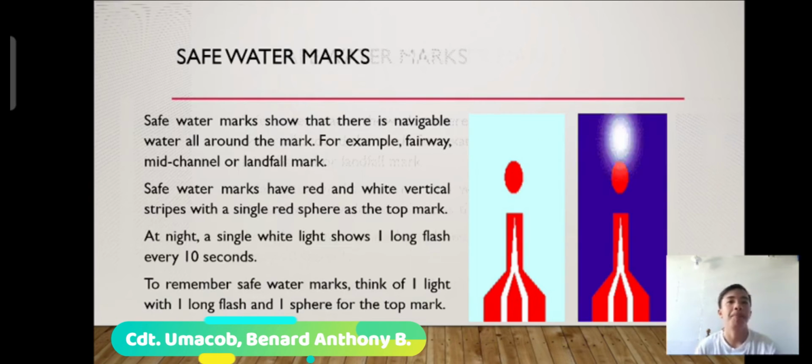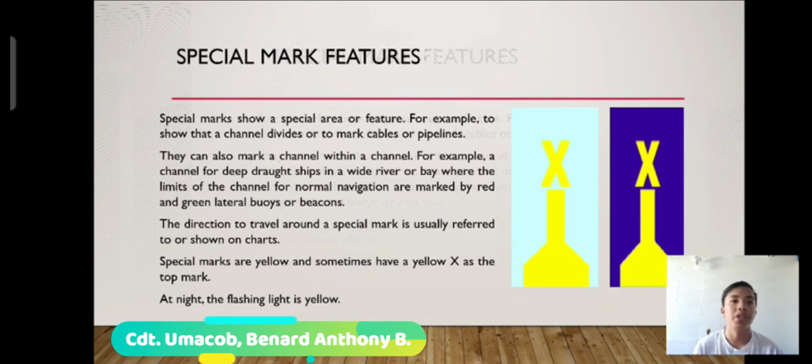Next, special marks. A special mark shows a special area or feature, for example, to show that a channel divides, or to mark cables or pipelines. They can also mark a channel within a channel, for example, a channel for deep draught ships in a wide river or bay where the limits of the channel for normal navigation are marked by red or green lateral buoys or beacons.